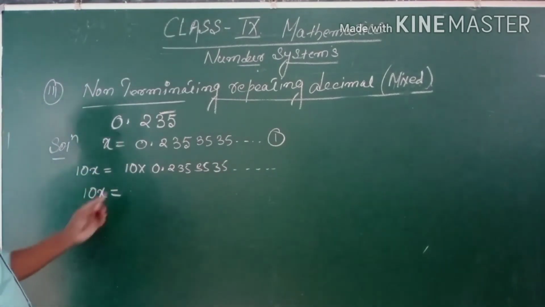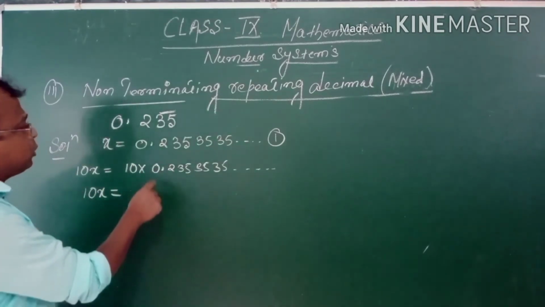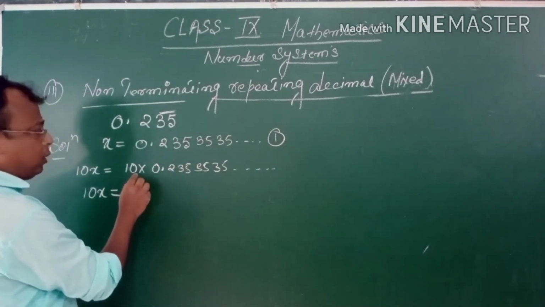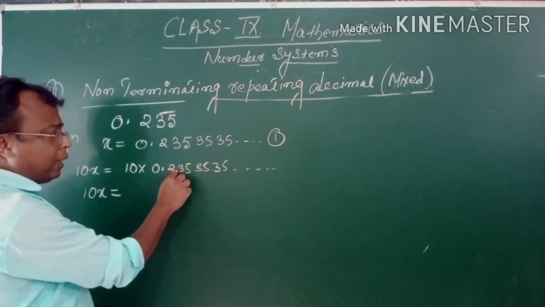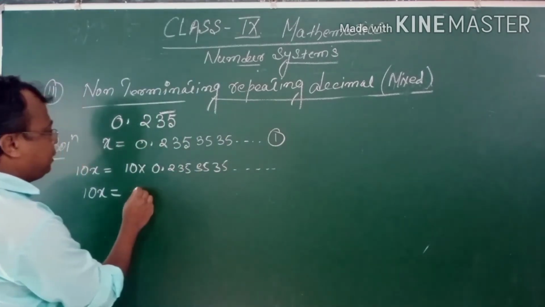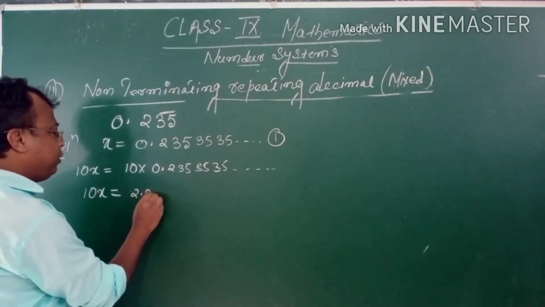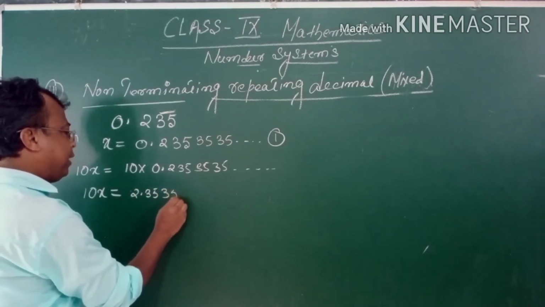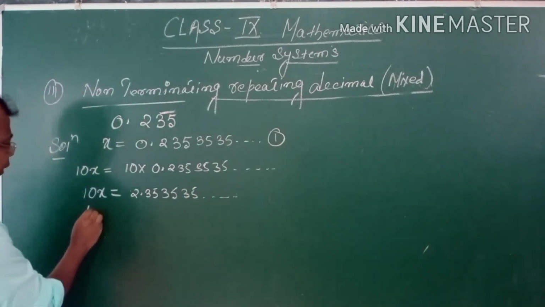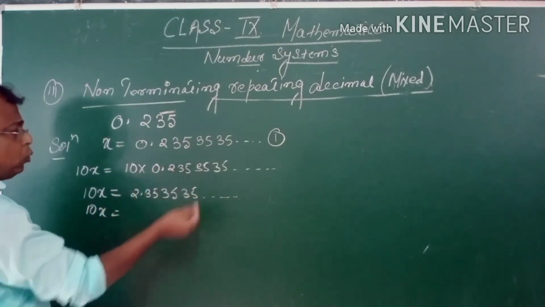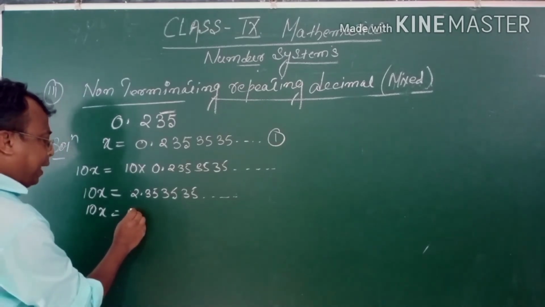Now 10x is equal to, if you multiply this one, the decimal will shift one digit towards the right. So it is 2.353535. Now it is 10x. Now this 2.3535, can I write it like this?